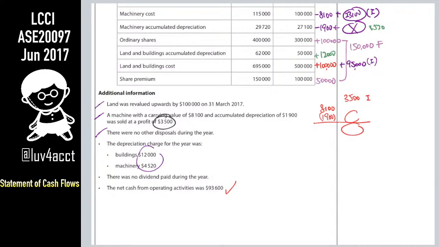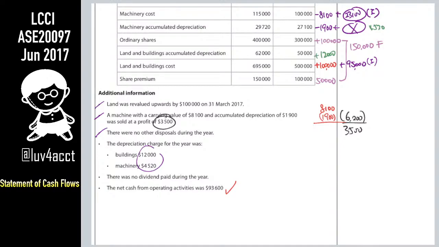A profit of 3500. Okay, so here, 3500. So 8100 minus 1900, we have carrying value of 6200.